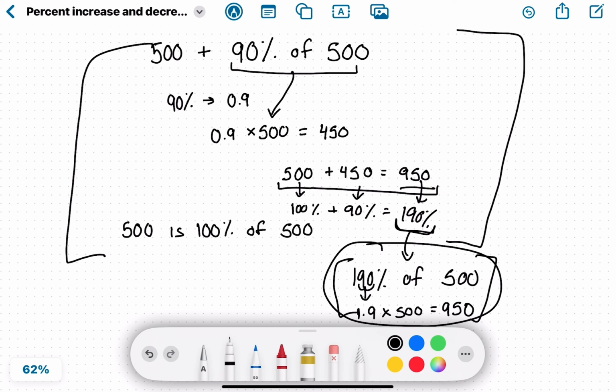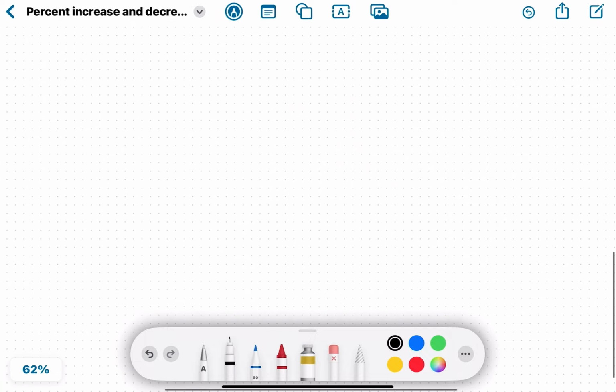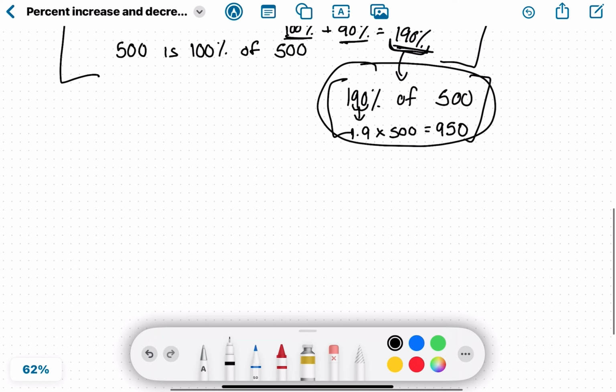Let's try another example. So before I go on, the reason why this works is because, like I said, we're adding the percentages. So essentially all you have to do is put the 1 in front when you're adding. So actually there's a nice little formula for percent increase and decrease. The formula is you take your initial value.